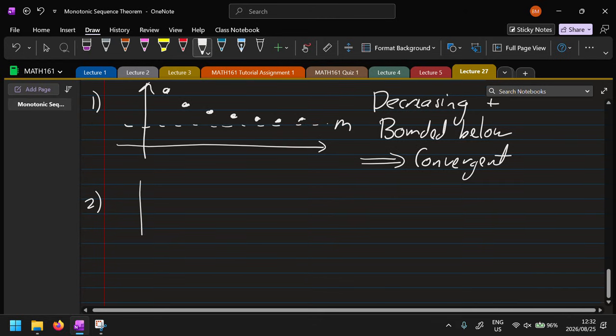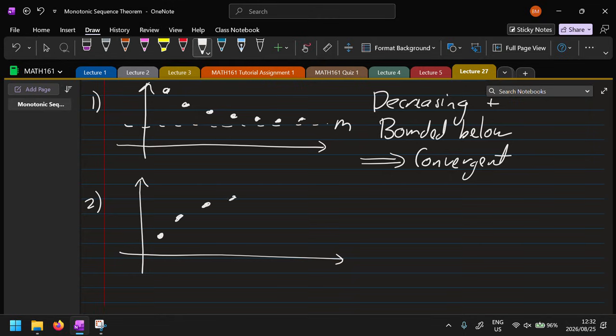Number two. Here we see that this sequence is increasing and it's bounded above, so it's convergent.